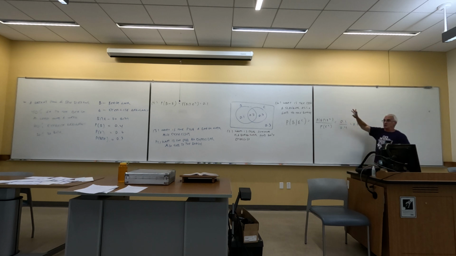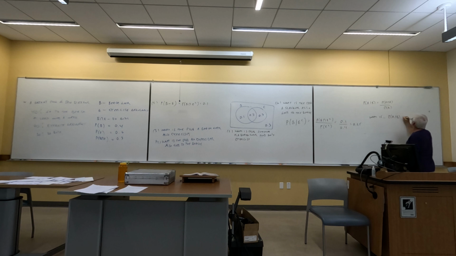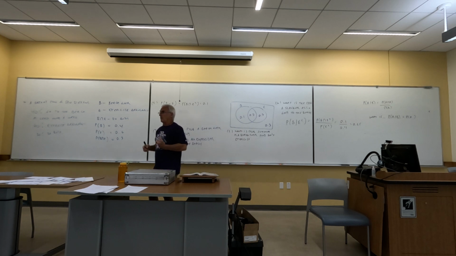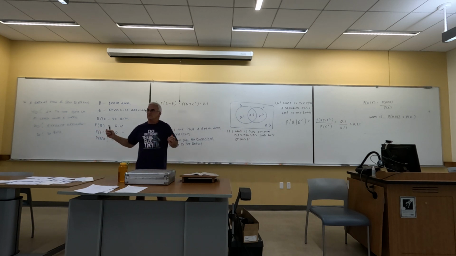Just the general A and B. We know that the probability of A given B equals the probability of A intersect B over the probability of B. We know this. What if the probability of A given B is the same as the probability of A? In simple English, what if knowing the condition doesn't have any effect at all?